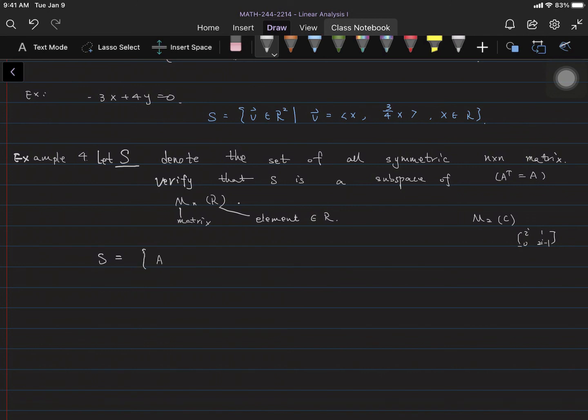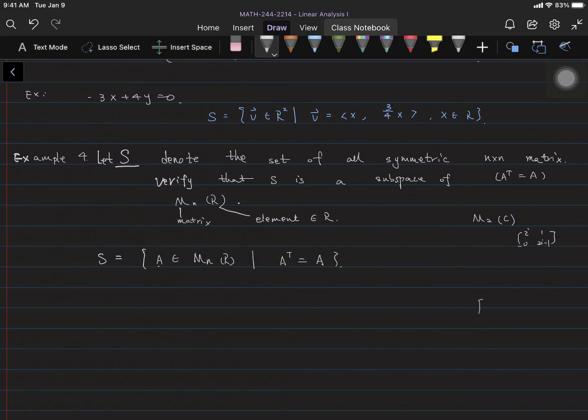Same as before, we say all belong to this vector space. Here A is a matrix. All the matrices belong to this vector space. And let's see, what condition does A satisfy? It's symmetric. Symmetric means the transpose equals itself.